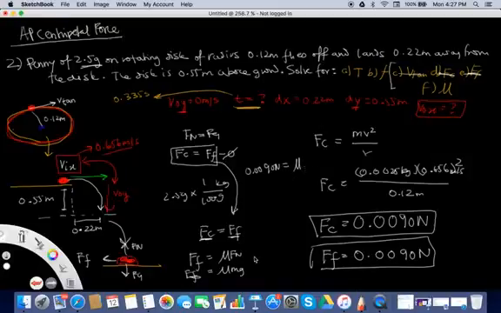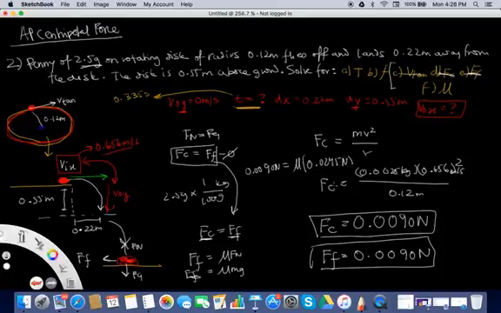We will use our mass, 2.5 grams, but we have to use it in kilograms, so it's actually 0.0025 kilograms, and multiply that by 9.8. So you should get on this side 0.0245, and because it's kilograms times meters per second squared, it's newtons on this side.